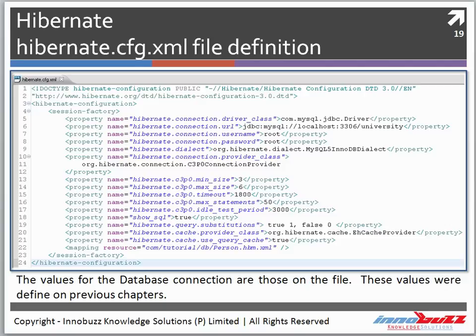Then, on line 18, we can show the SQL statements, which is a nice thing when developing. On line 19, the query substitutions, which will change every true value to 1 and every false value to 0. Then, a cache implementation is defined, which will be reviewed later. At last, on line 22, the first mapping file we're going to have in our project.